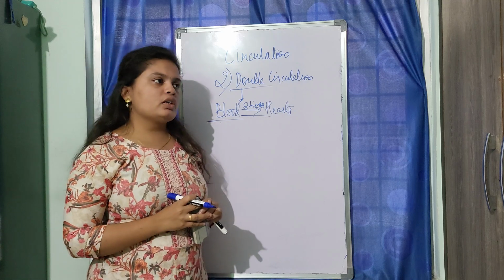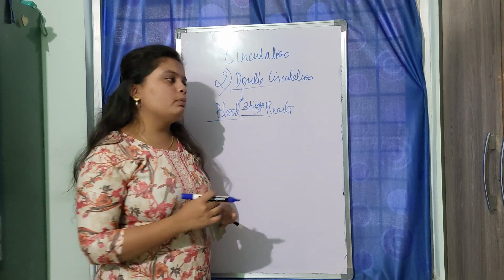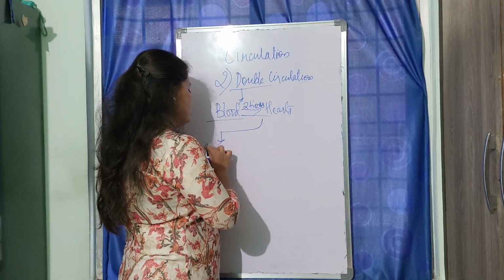This type of double circulation has again 2 types: incomplete double circulation and complete double circulation.